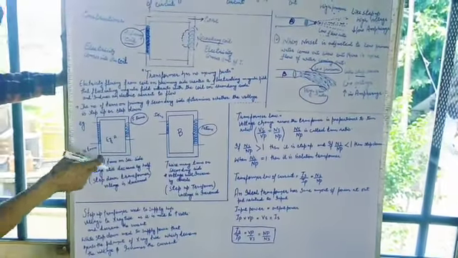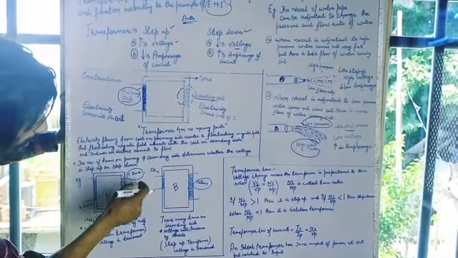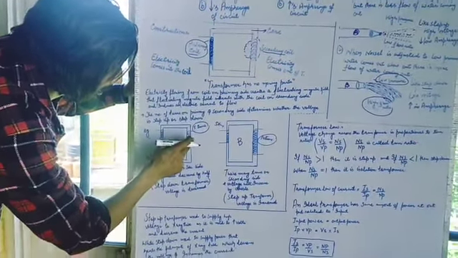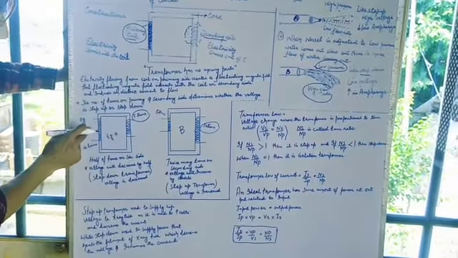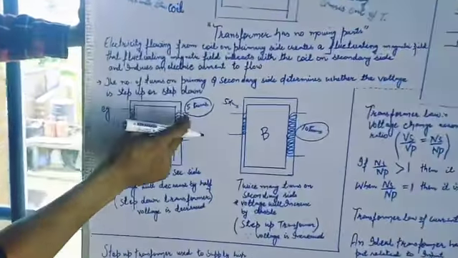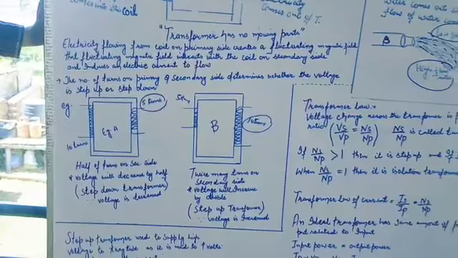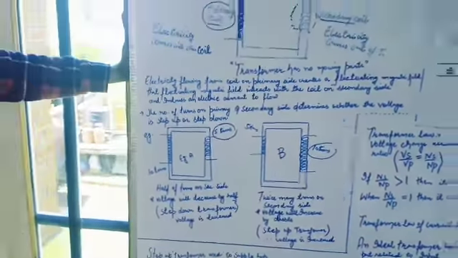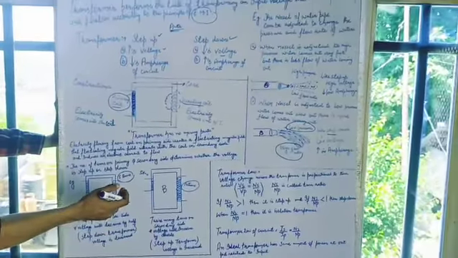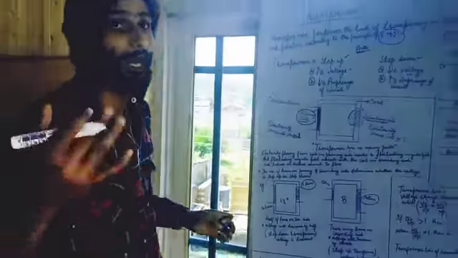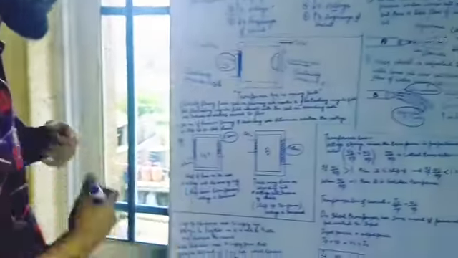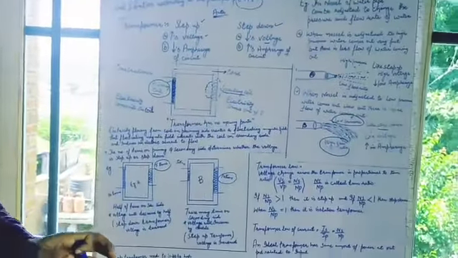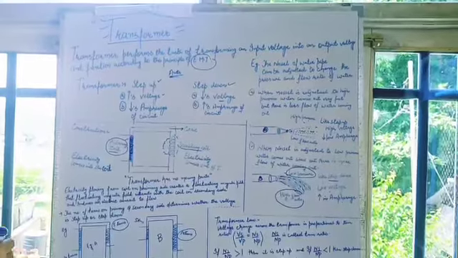So half of the turns are on the secondary side. That means the voltage is decreased by half. When the voltage is decreased, it is an example of a step down transformer. The function of the step down transformer is to decrease the voltage.